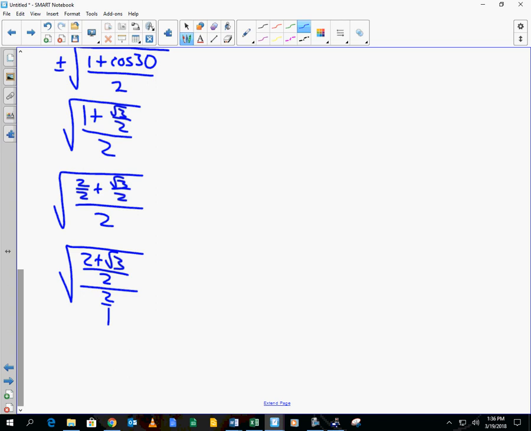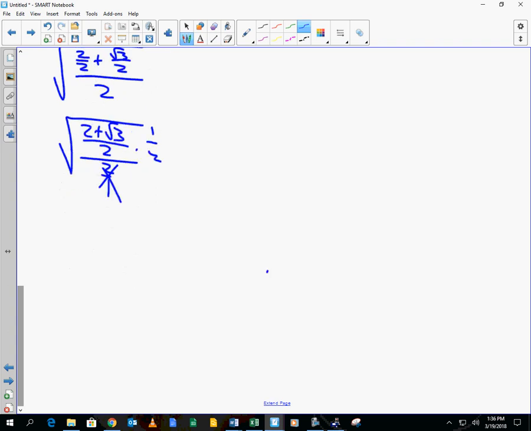Multiply by the reciprocal times 1 over 2. So now I have square root of 2 plus the root of 3 over 4, right? I know. You have to do something there.